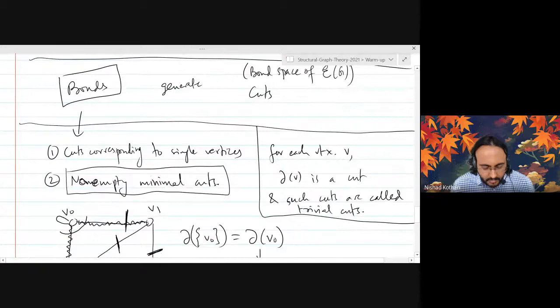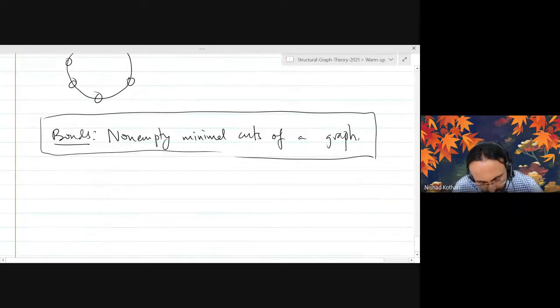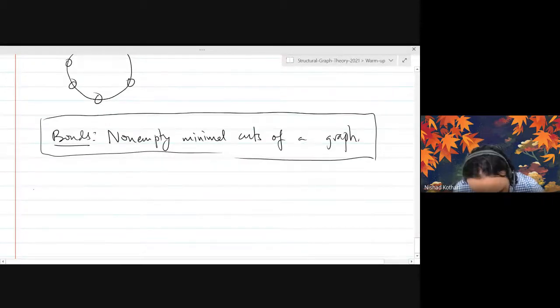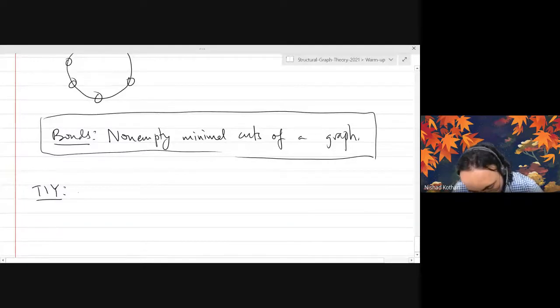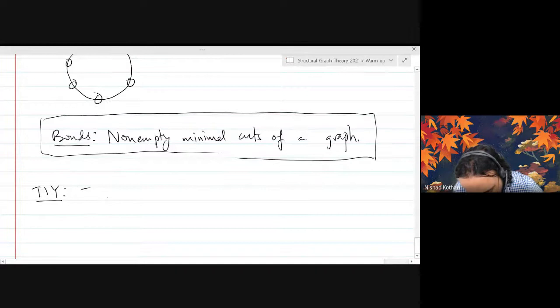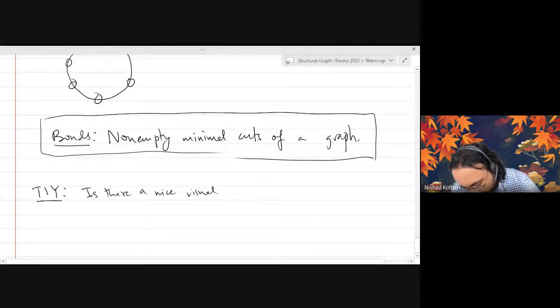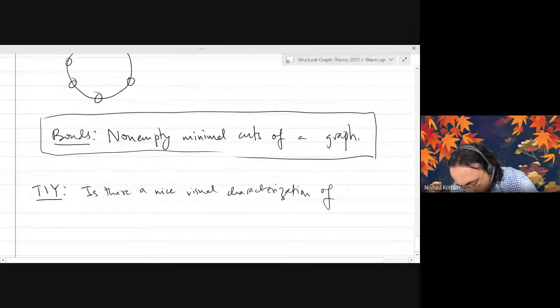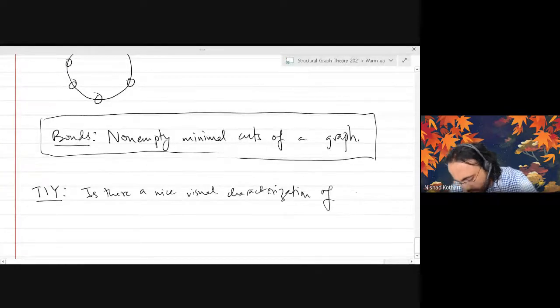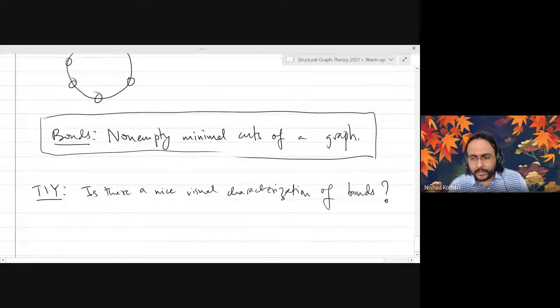So what I want you all to do is think about a characterization of bonds. Is there a nice visual characterization of bonds? When I say think, I want you to try it yourself. I'm not expecting you to get a concrete answer.